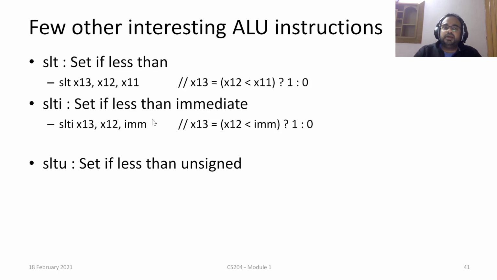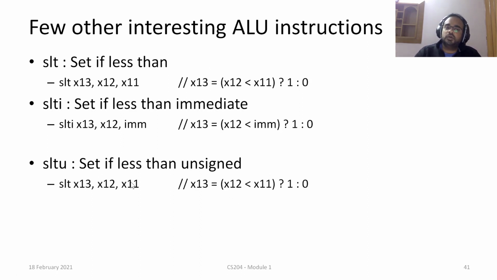And to compare unsigned versions of the values written in the registers, we have SLTU, which is set if less than unsigned. The value in x12 is still compared with the value in x11, but now those values are treated as unsigned numbers.